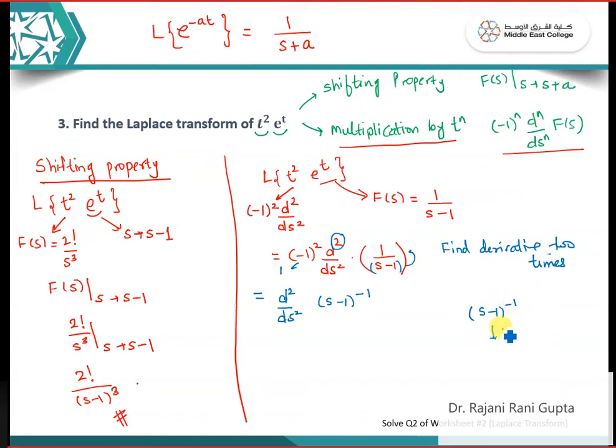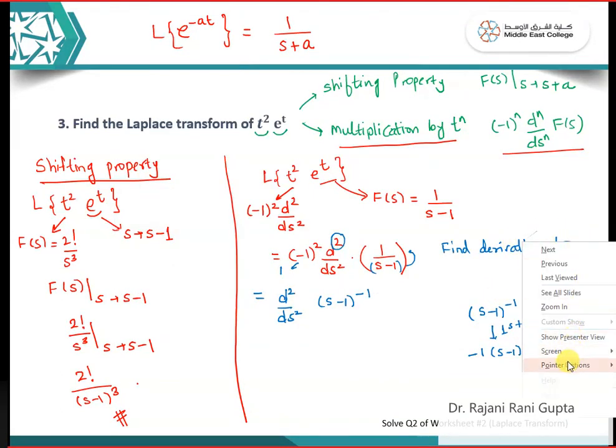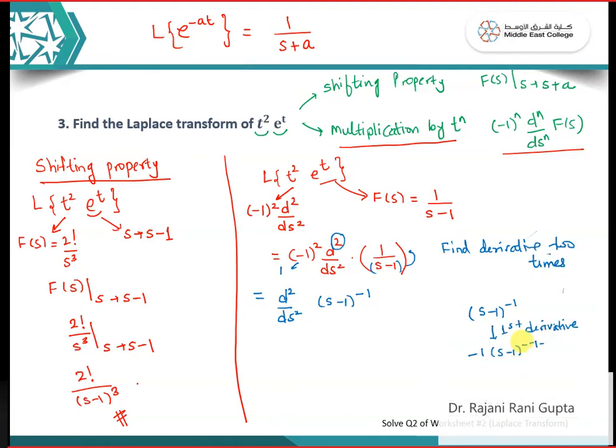When you take the first derivative, what you will get? Minus 1 times (s minus 1) to the power minus 1 minus 1, that will give you 2. Sorry, wait a minute. That will give you minus 2. Okay, minus 2 times the derivative of s minus 1, which is 1.